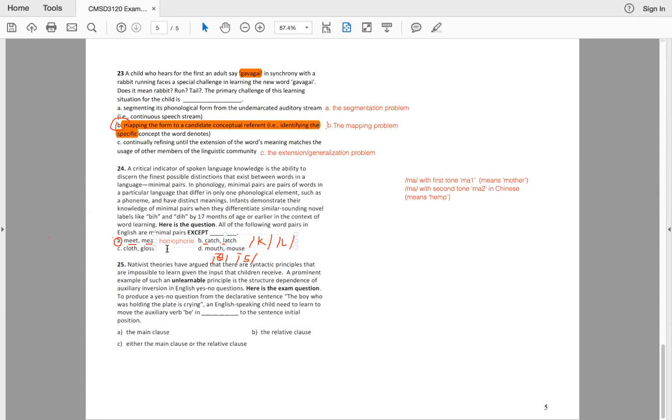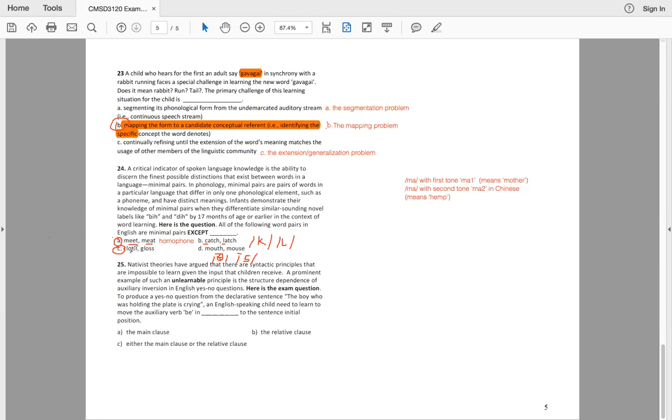So these two sounds are minimal sound. And unfortunately, I made a mistake here. So C is also a right answer. So if your choice is A or C, you will get 4 credits for this question, either A or C.